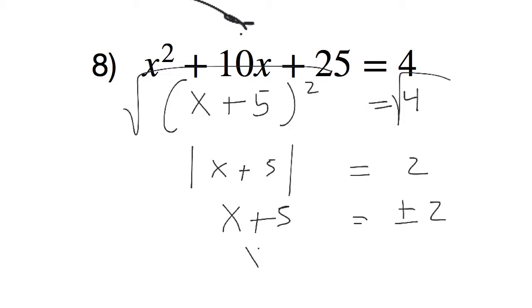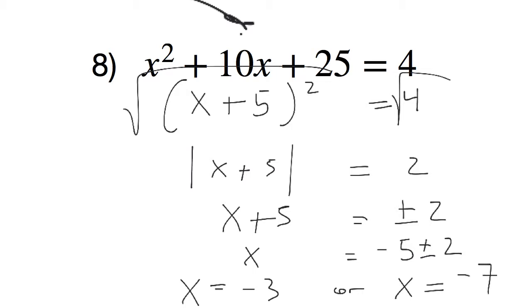Subtracting 5, you get negative 5 plus or minus 2. That means x could equal negative 3 or x could equal negative 7. Most people write it like this.